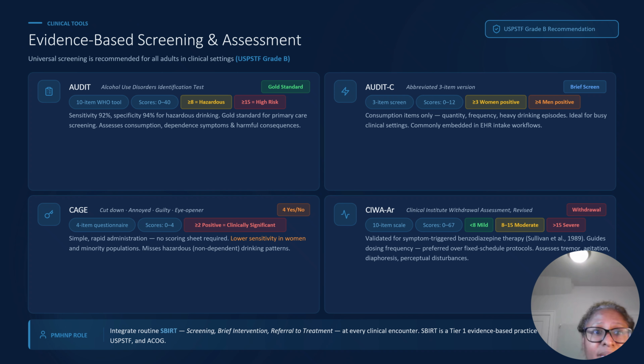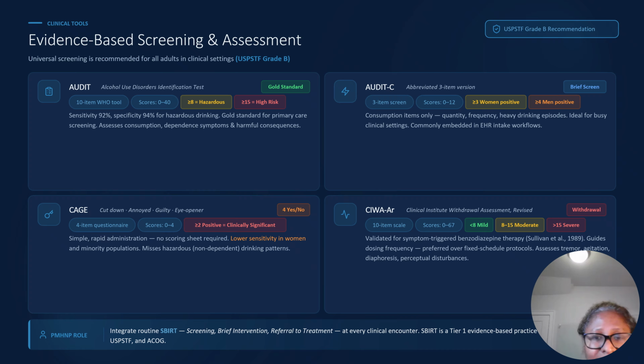As far as evidence-based screening assessments, these are the tools that I discussed earlier. There is the AUDIT and the AUDIT-C. The AUDIT is a quick screening questionnaire that goes over a couple of questions.